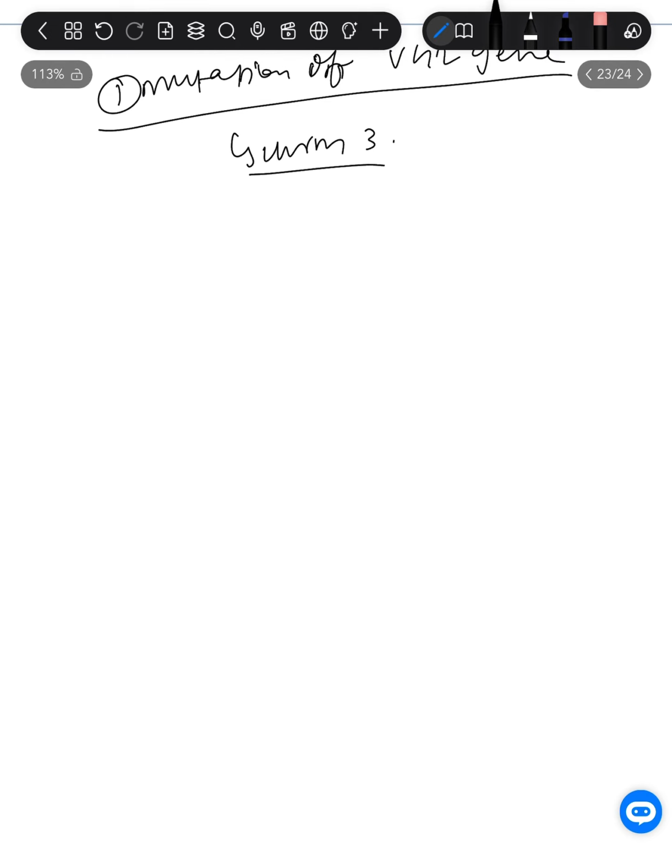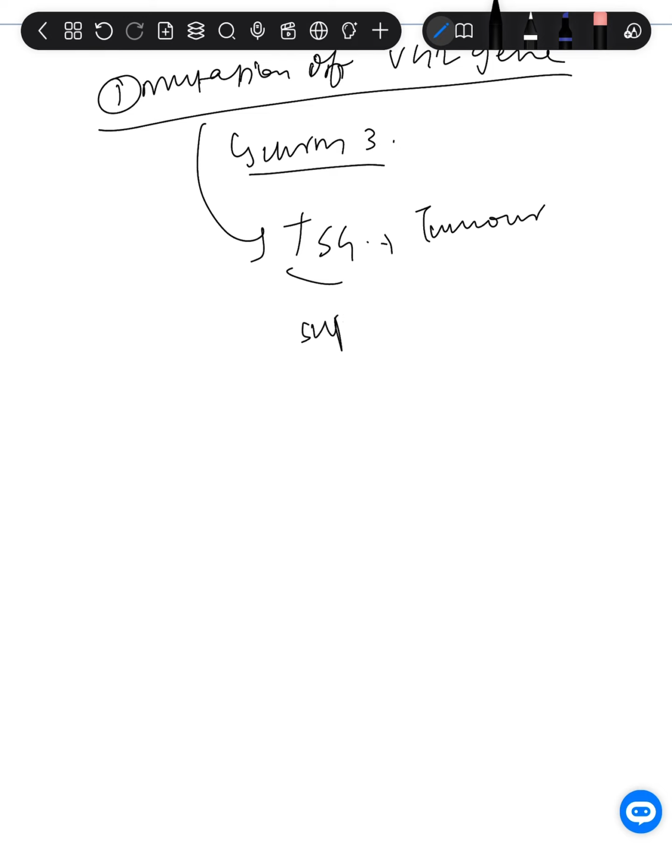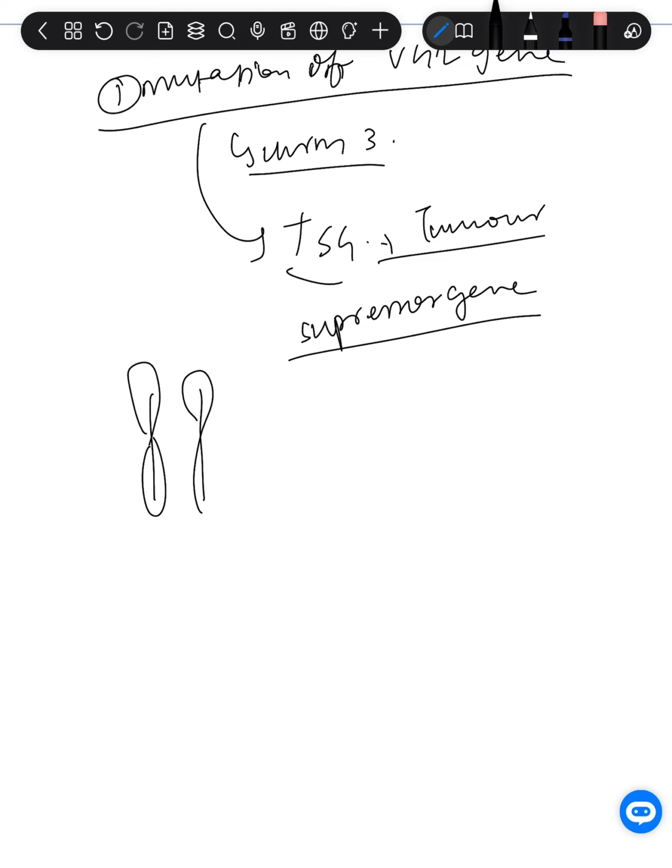I'll tell you the exact pathogenesis of the VHL gene. The VHL gene is a tumor suppressor gene. What is TSG? TSG is a tumor suppressor gene. There are two chromosomes, and in them two genes.